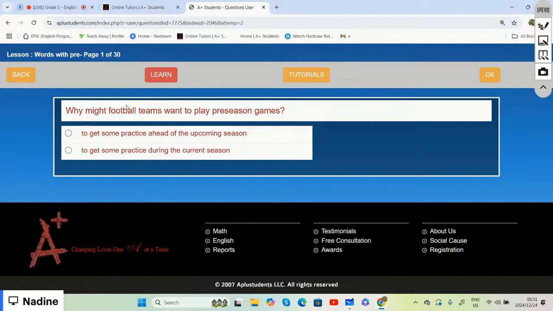It says, why might football teams want to play preseason games? Preseason. What is preseason? There we have the word pre in season. It says, is it option one, to get some practice ahead of the upcoming season? Or is it option two, to get some practice during the current season?